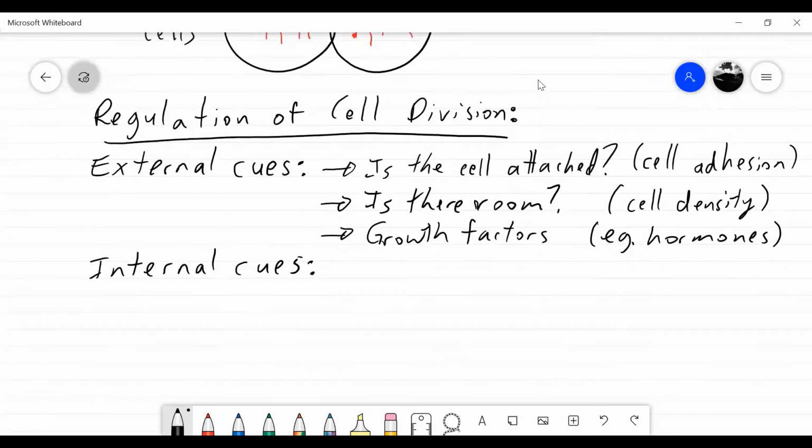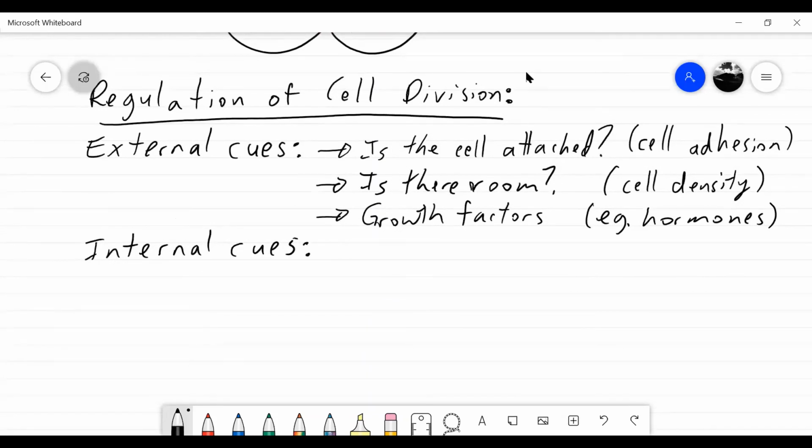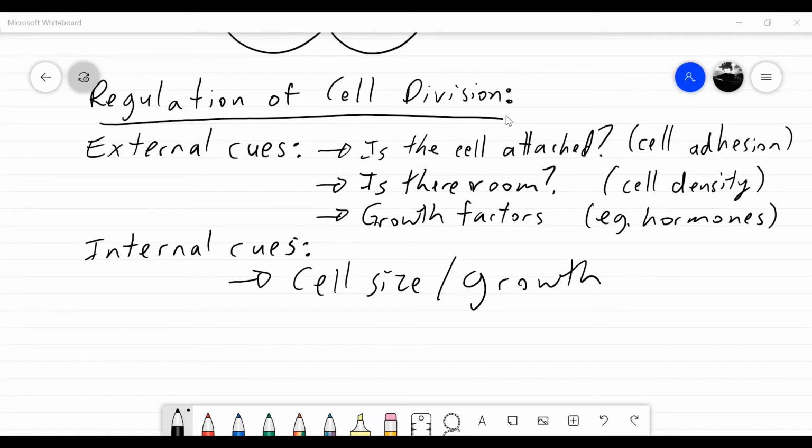Okay, so what are these internal cues? We've already talked about some of these things, like cell size or growth. It's got to be big enough if you want to replicate your DNA. Cell size or growth.